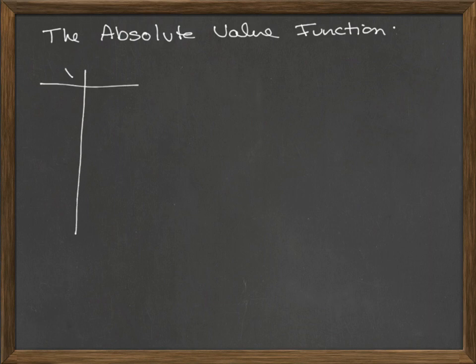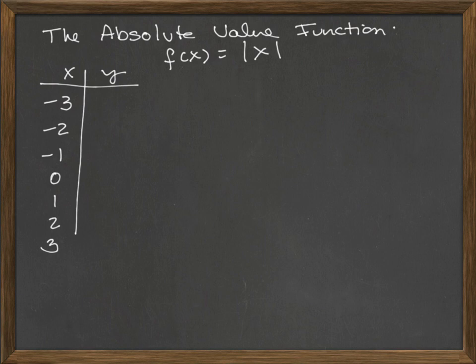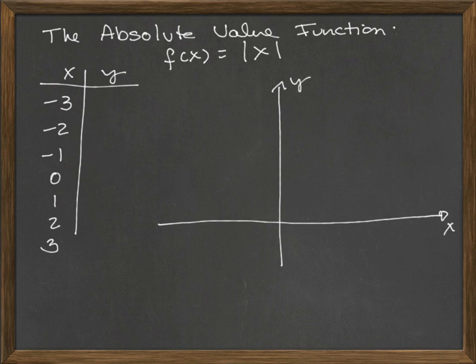Let me make a t-table. -3, -2, -1, 0, 1, 2, and 3. The absolute value in symbols looks like so, the absolute value function. Let's graph one.